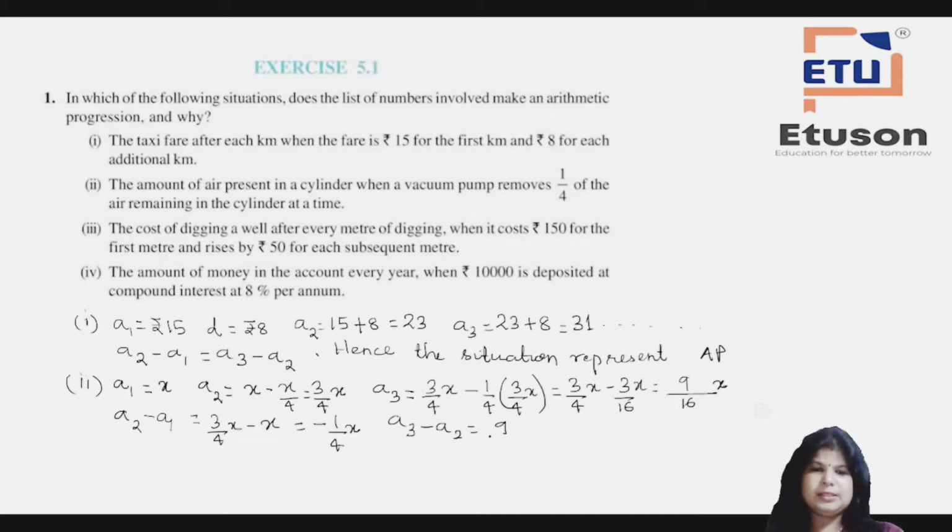No. That is 9 by 16x minus 3 by 4x, which is nothing but equal to 9x minus 3 into 4, that is 12x, divided by 16, which is equal to minus 3 by 16x. So here A2 minus A1 is not equal to A3 minus A2.